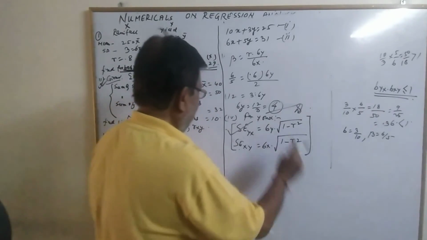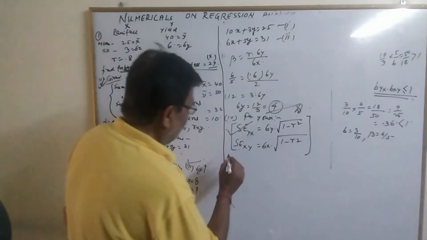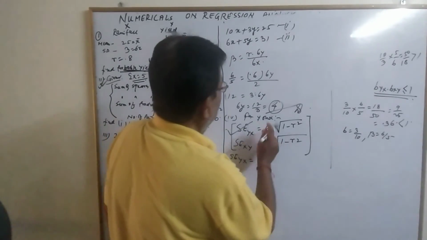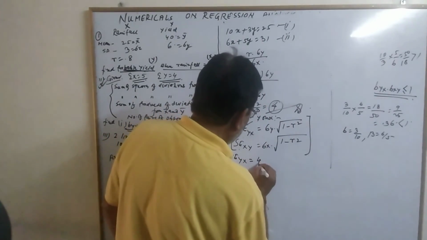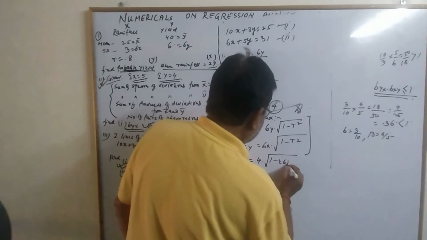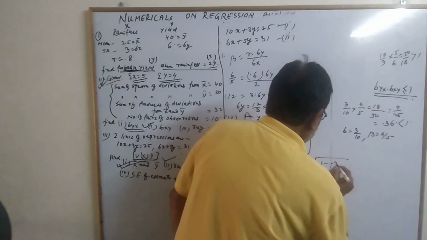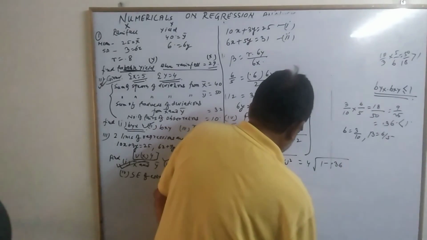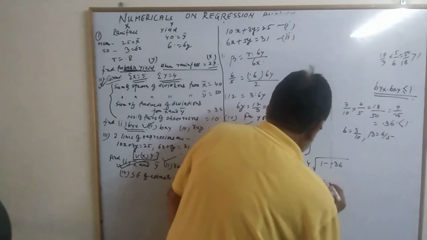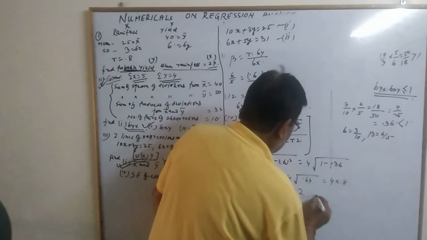Here it has been asked for the standard error of estimate in regression of y on x. So standard error of y on x, sigma y we have got as 4, into square root of 1 minus r square, 1 minus 0.6 square, that is 4 into root of 1 minus 0.36, that is 4 into root of 0.64, 4 into 0.8, and finally we have got it as 3.2.